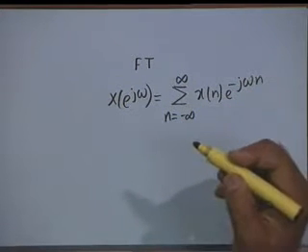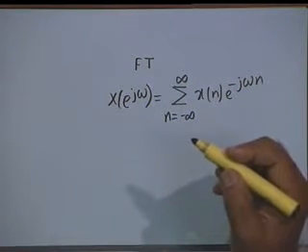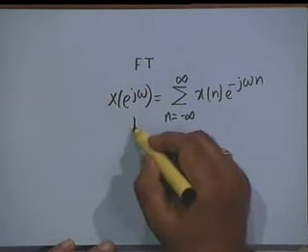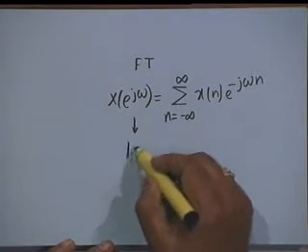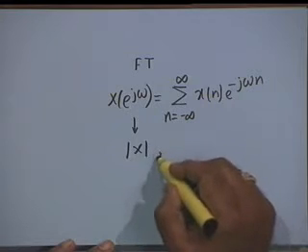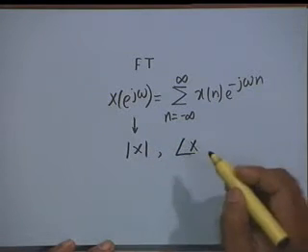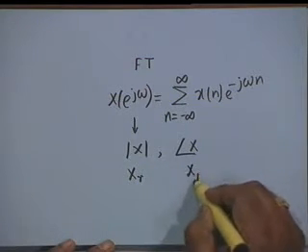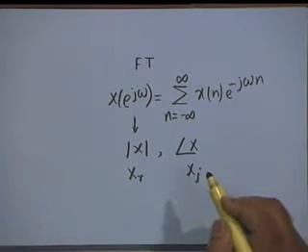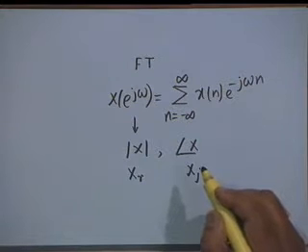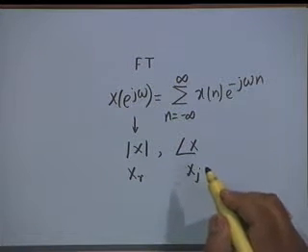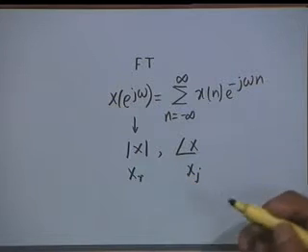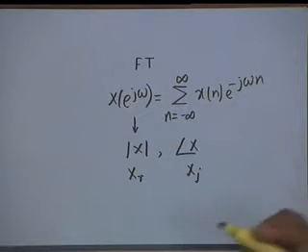Introduced its parts, that is, it can either be described in polar form in terms of a magnitude and angle, or in terms of the real part and the imaginary part. I also emphasized the fact that the imaginary part is also a real quantity. It is only by multiplication by j that you make it imaginary.